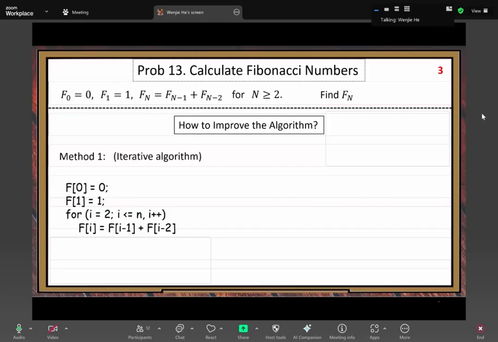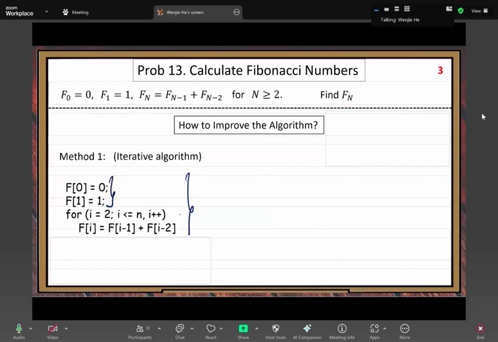We start with the two base case numbers. Then in our for loop, we just do a straightforward implementation. Also very simple, but we can find the correct answer quickly.